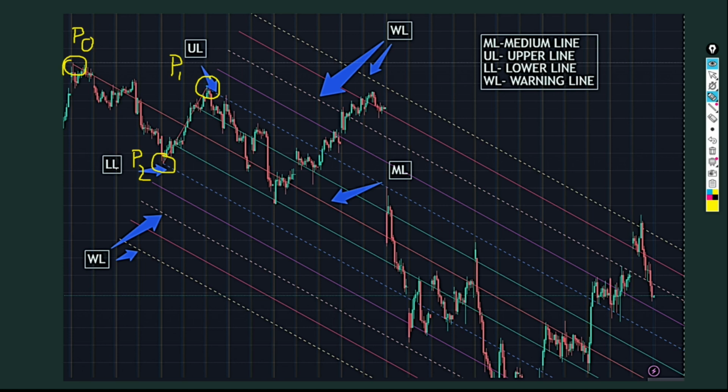If we extend this parallel line, at an equal distance from this line to this line, these dotted lines are the warning lines. So Pitchfork consists of the median line, upper line, lower line and warning line.